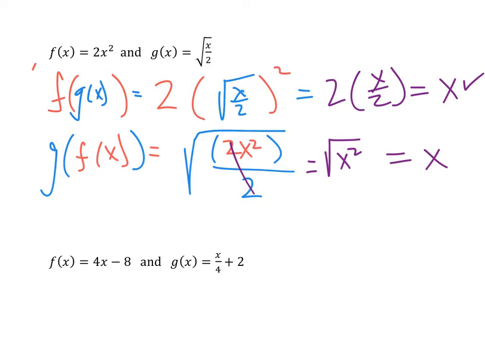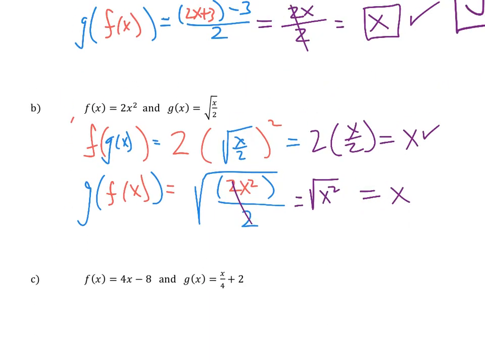Now, we actually got to be careful here. Okay. I'm going to take that check off there. Because remember working with the square root of x squared a while ago? It's actually the absolute value of x. Okay. So this is only true if x is a positive number, all right?